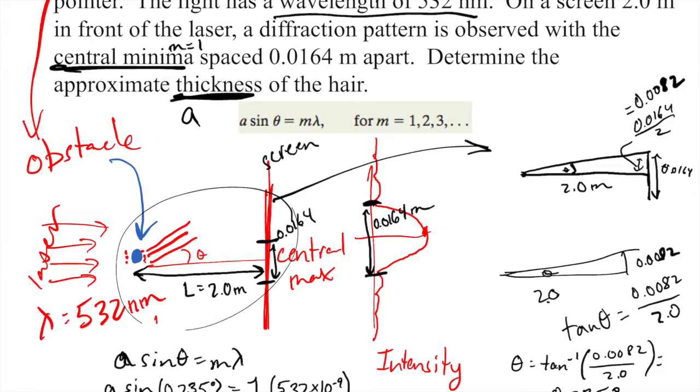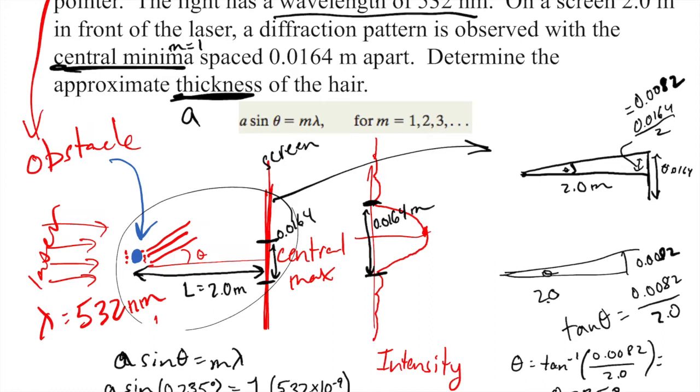All right, 532 times 10 to the minus 9 divided by sine of 0.235 degrees.